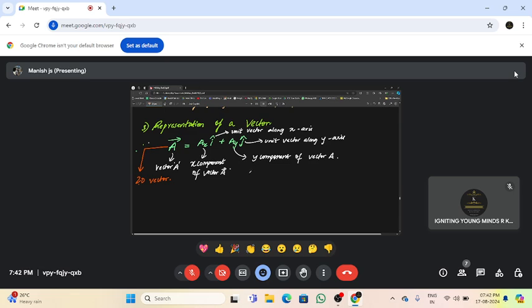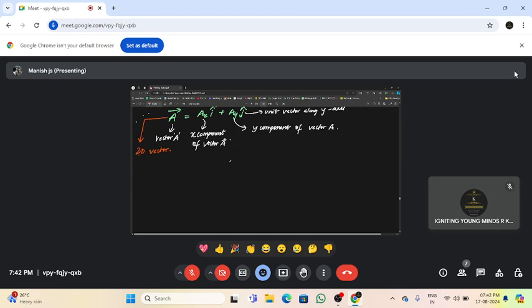Okay. Now, having understood the basic representation, let me see if you're able to interpret the data from a given vector. For example, say I'm writing vector x is equal to 2i minus 3j.